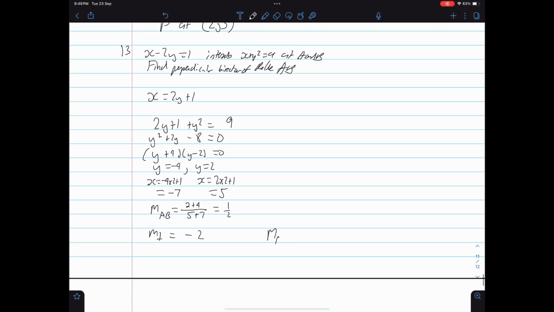Now the midpoint will be minus 7 plus 5 over 2, minus 4 plus 2 over 2. So that's minus 1, minus 1. So y plus 1 equals minus 2 times x plus 1. So that's minus 2x minus 2. So y equals minus 2x minus 3. And that's the answer.